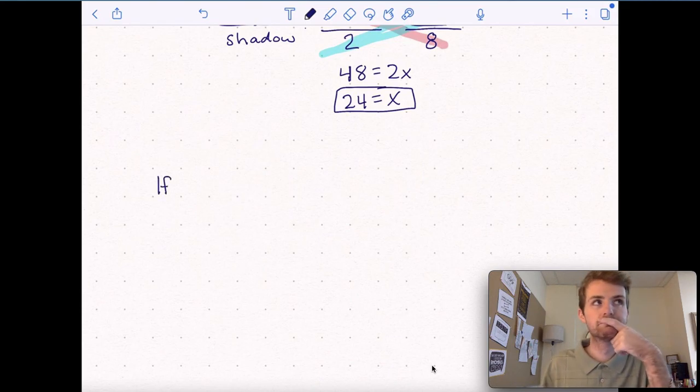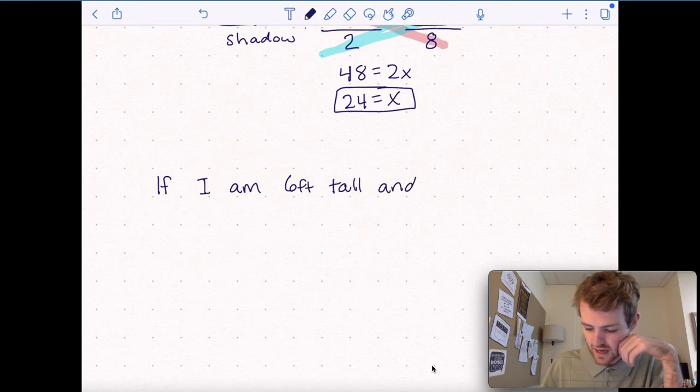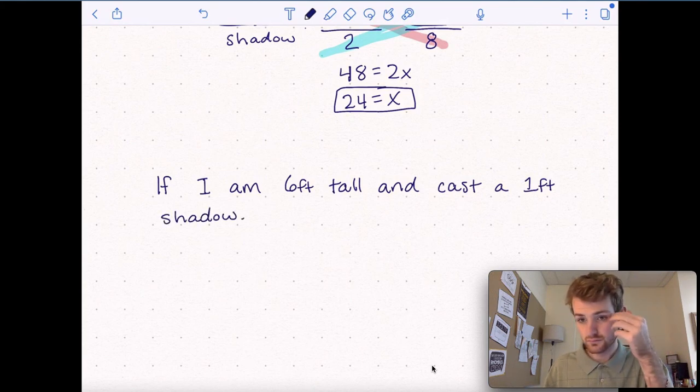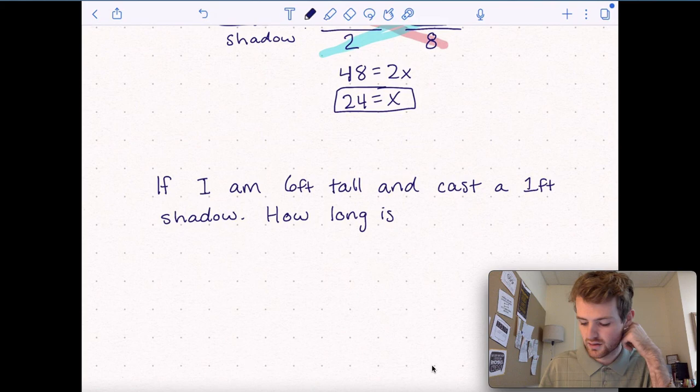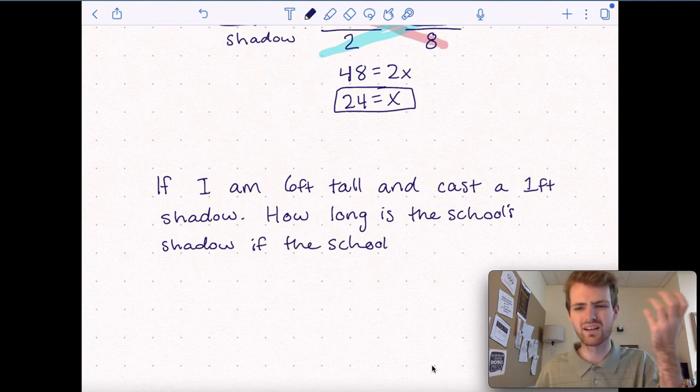If I am six feet tall and cast a 1 foot shadow, how long is the school's shadow if the school is, oh shoot, what is it?